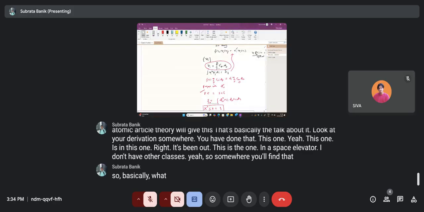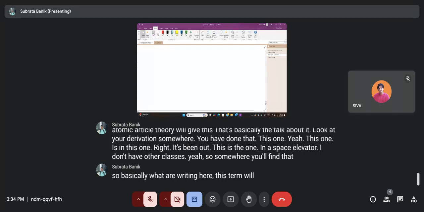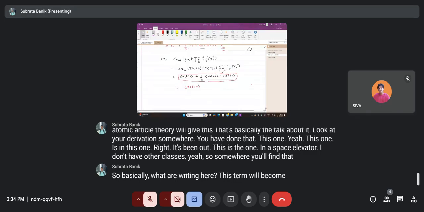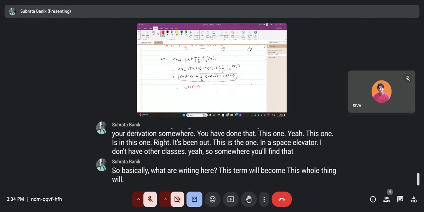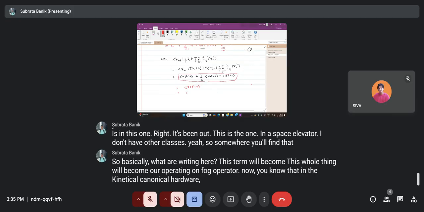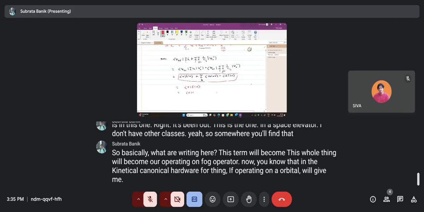So basically what I'm writing here, this whole thing will become R operating on the Fock operator. Now we know that in the canonical Hartree-Fock theory, F operating on an orbital gives the orbital energy epsilon A and the function back.